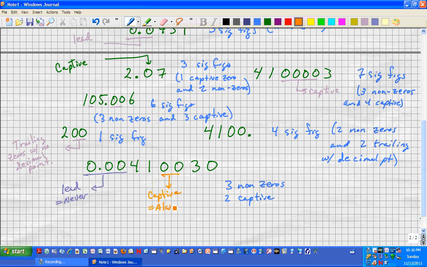Those guys are always significant. And then I've got 1 trailing zero with a decimal point. There's my trailing. Gives me a grand total of 6 sig figs. All you have to do is apply the rules and count them up, and you're all set.